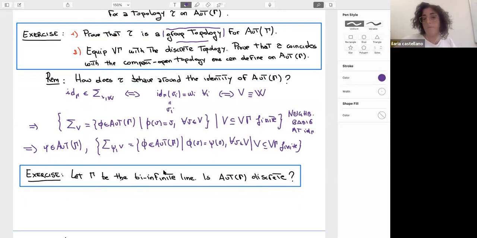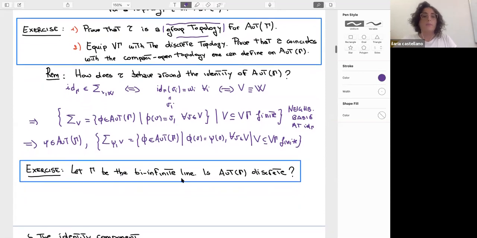Once you have the answer for this exercise, a good thing to do would be to try to go a little bit further. What I mean is the following. The bi-infinite line that I got before has a few properties that are quite nice and that I'm going to list.